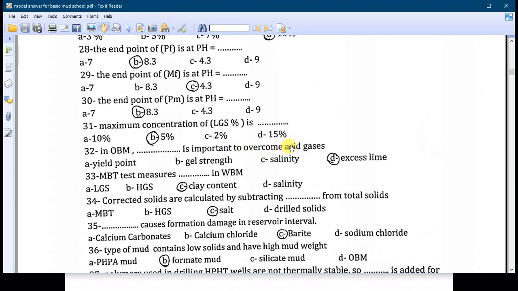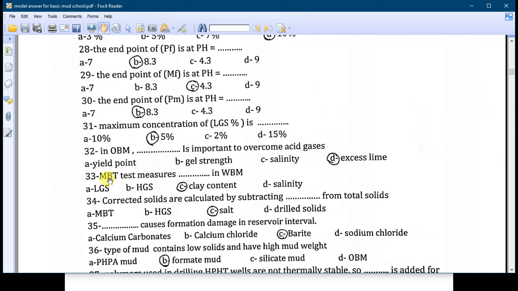Actually, the acid gases need something alkaline. The alkaline has OH group or hydroxyl group. So which component of these has the OH group? Actually, it will be the excess lime, because the lime has a very high content of OH group or hydroxyl group.